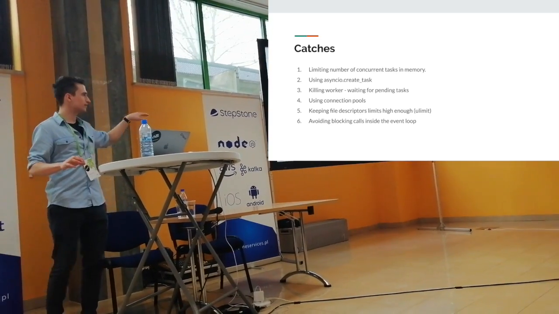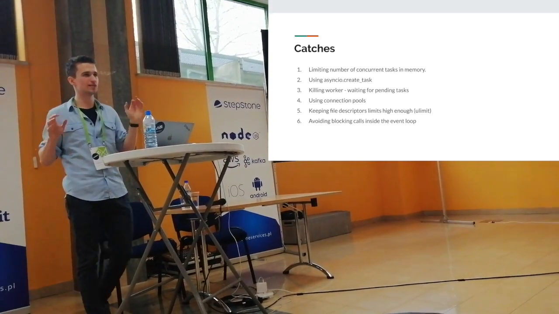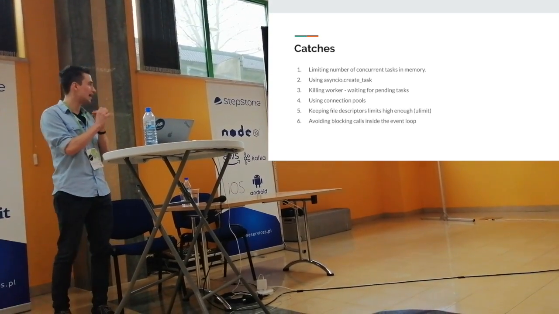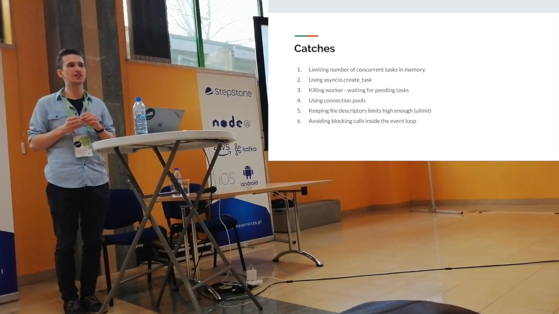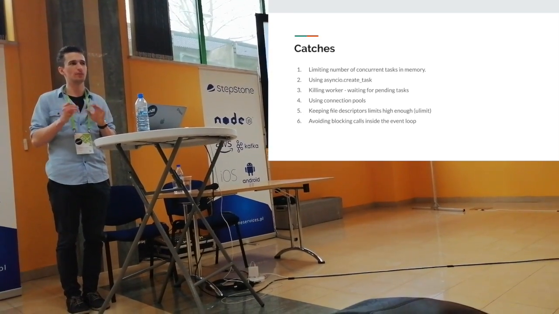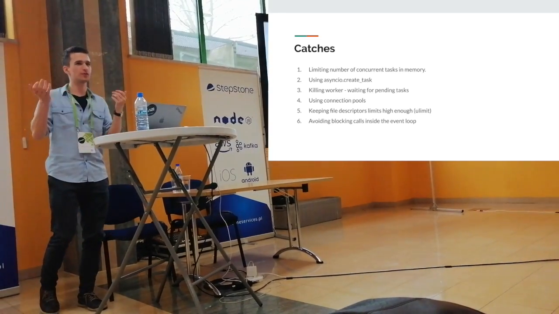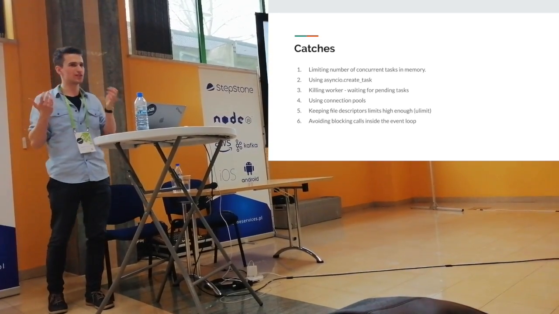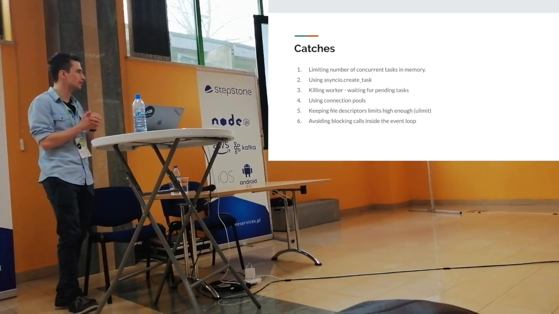And the last catch, a really important one: avoid blocking calls inside the event loop. It's the most important catch. For example, how many of you use Redis in production? Or have met Redis? Yeah, some of you. Redis, as a key-value store, actually uses an event loop inside. It has an asynchronous implementation.